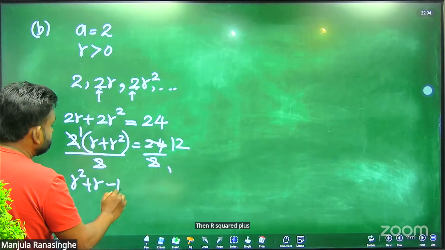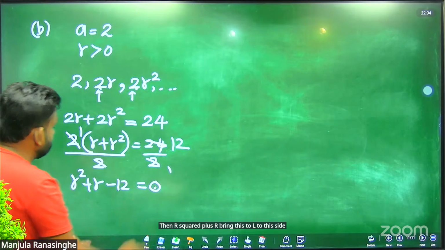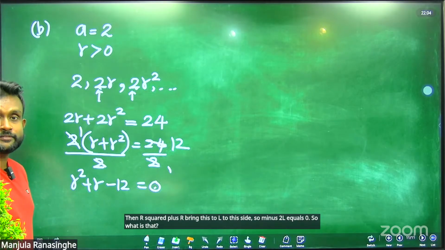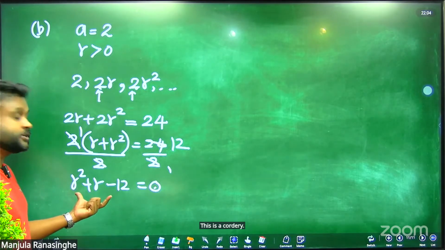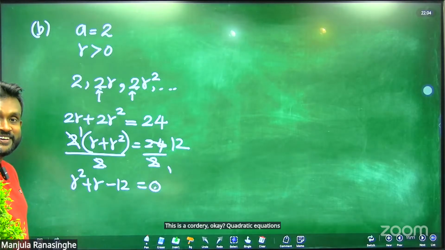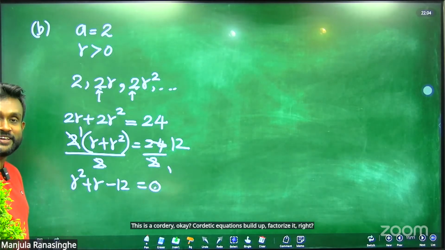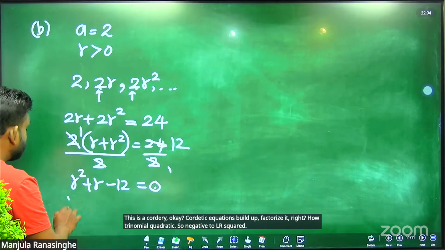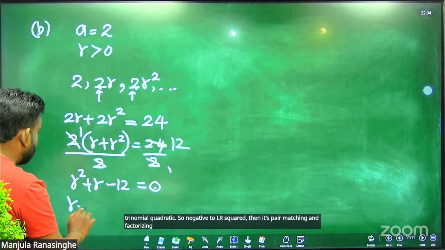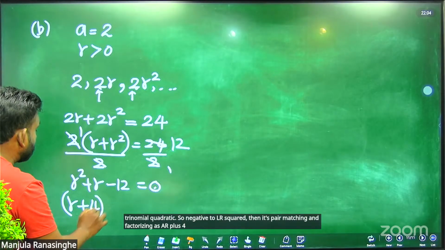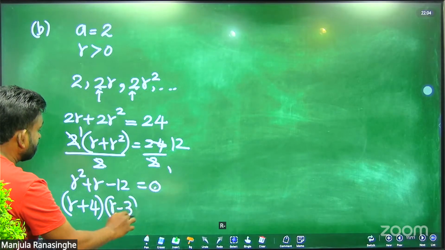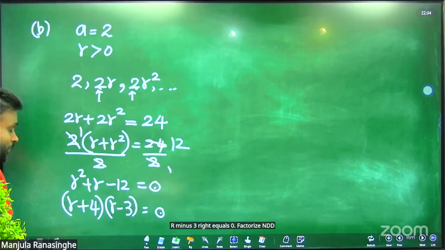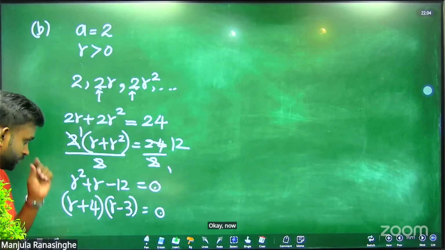Bring this 12 to this side, minus 12 equals 0. So this is a quadratic. Factorize it: pair matching and factorizing as r plus 4 into r minus 3 equals 0.